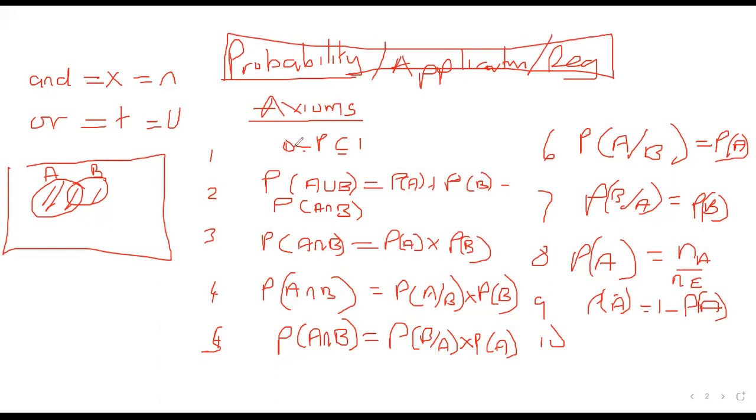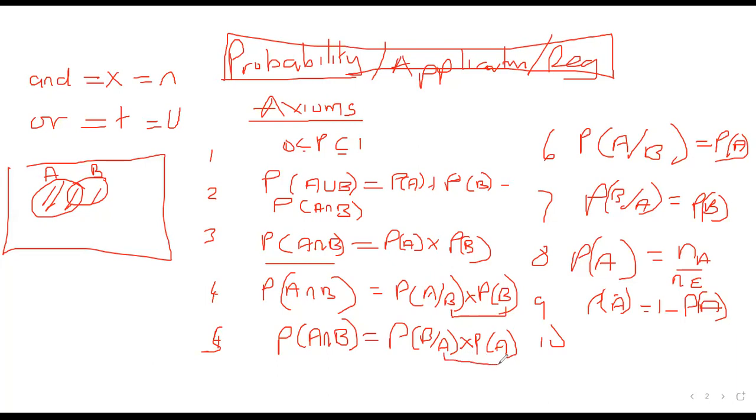All right, so we have the axioms of probability between A and B. If you multiply the probability of A and the probability of B, what we get is the intersection. If you multiply the probability of A given B times the probability of B, we get an intersection.